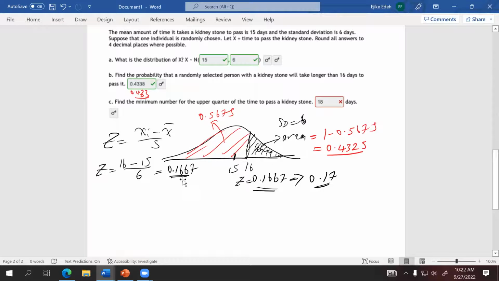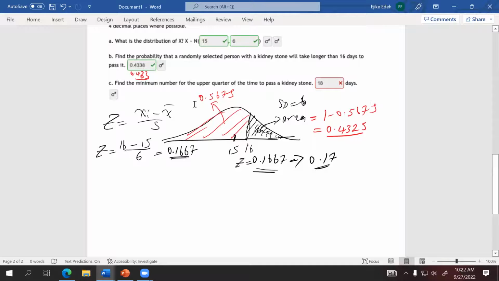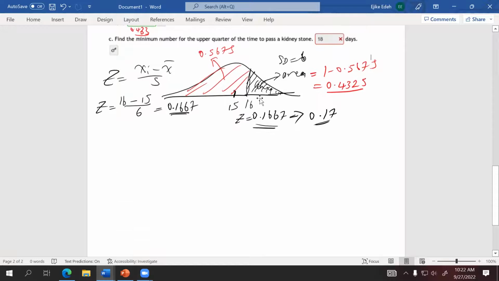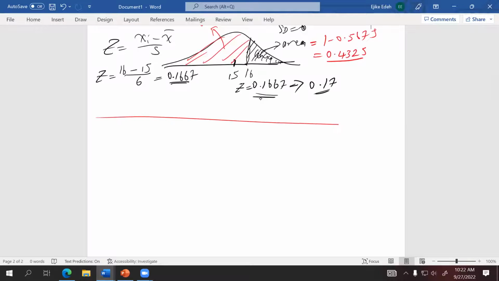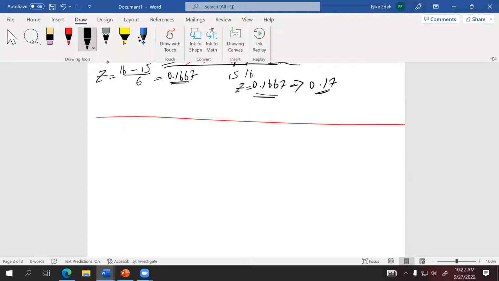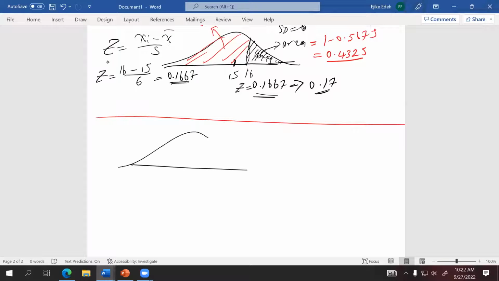But then let's look at the second part. The second part says find the minimum time to pass the kidney stone for the upper quarter, right? So this is just a construction that you need to take care of. Let me change to black. So if I draw this, remember your quartiles, right?